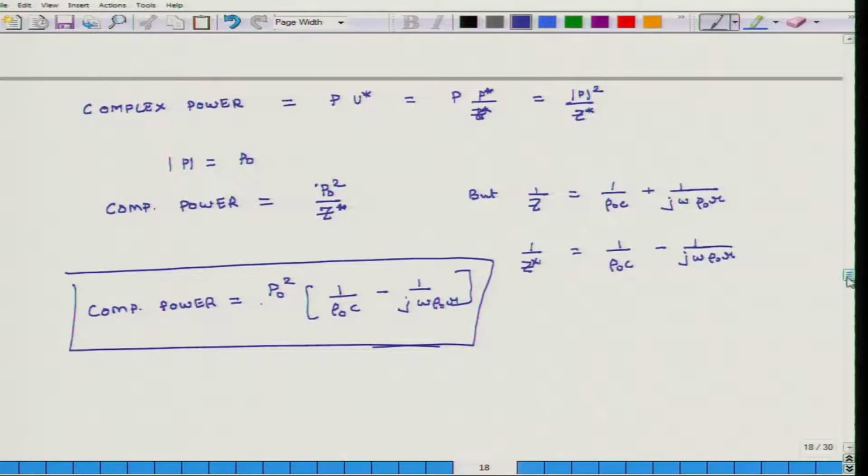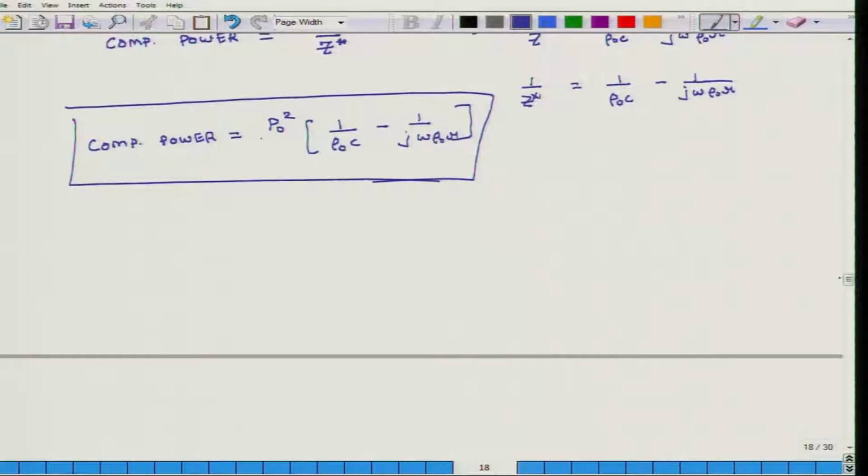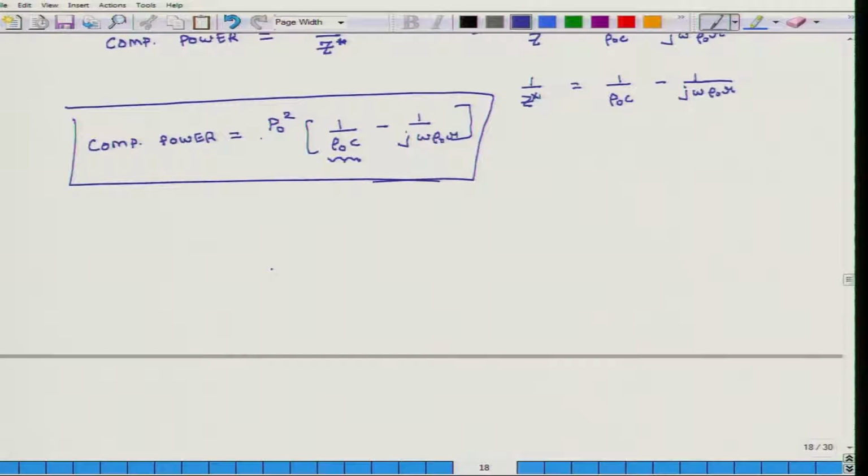What this tells us is that when I have a sound source which is being emitted in a spherically symmetric way, this portion of the power gets dissipated. So, it just travels out and never comes back, but this portion of the power is cyclic in nature. So, in part of the cycle it gets emitted by the system, and in the other half of the cycle, it gets back into the system.